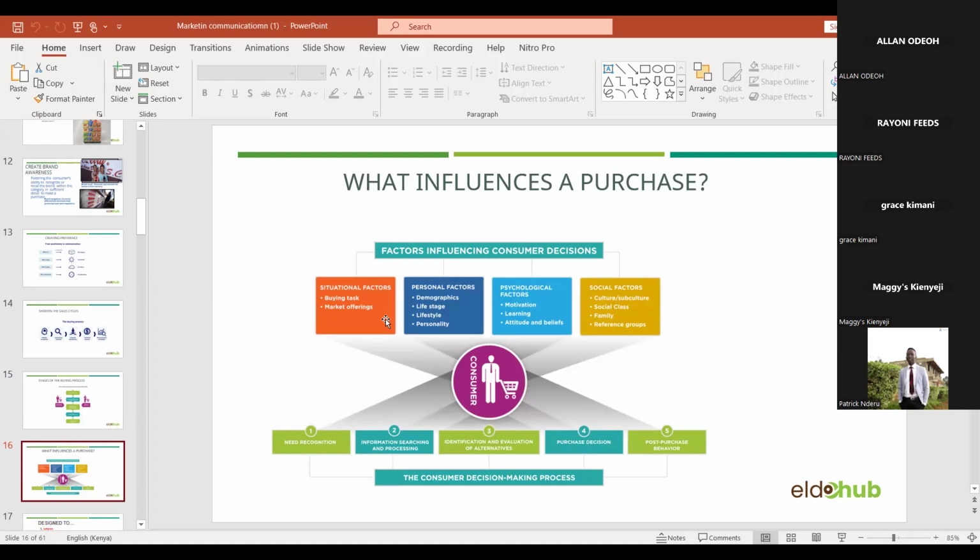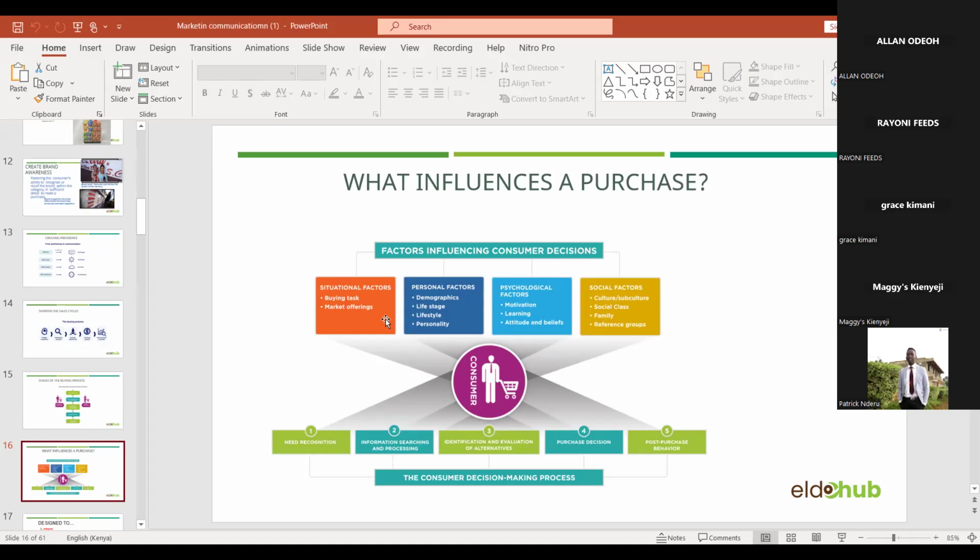What is in it for me? The emotional appeal also, and also recommendations, which I feel are highly influential. When you see, let's say, a skin product worked for someone else, you'd want to try. So recommendation from someone, feedback from a friend, referral, actually also works. So these are some of the things that influence purchase.